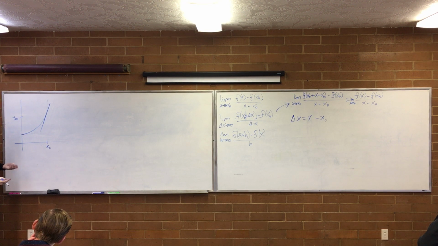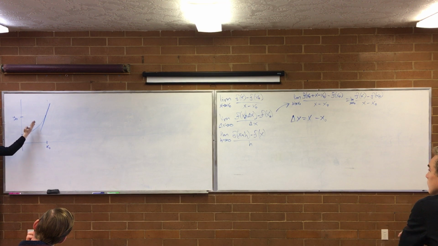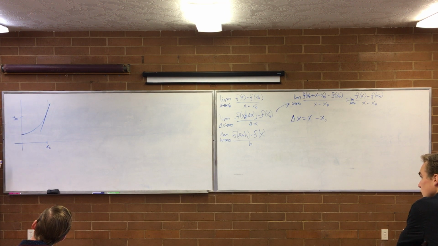Well, when you think about it as an inverse function, now this is the input and this is the output, then now your slope is your x's over your y's instead of your y's over your x's.